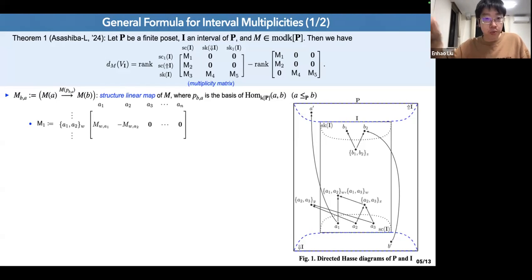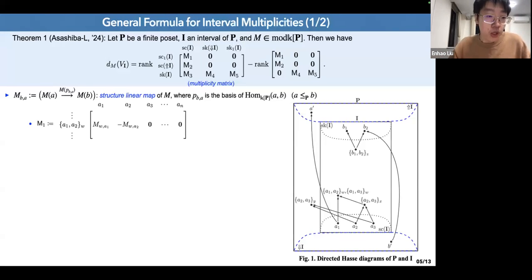And how we define the entries inside. It's easy because we know A1 is smaller than the common upper bound of A1 and A2, of course. So there's always a unique morphism from A1 to this prejoin. So we have a structured linear map from A1 to W, and we put this linear map at the first entry, namely M_WA1. Similarly, because we're pairwise, you have two non-zero columns.